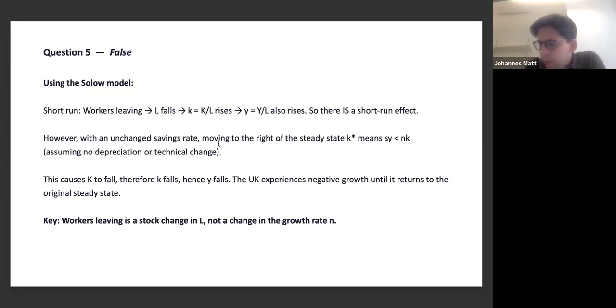Okay, so how should we think about these workers leaving the country as a result of that vote? Well, one way to think about this is in terms of a reduction of the units of labor available in the economy at that time. Right. So suppose in the short run we have a fixed stock of capital and labor supply falls, or the amount of labor available for production falls.